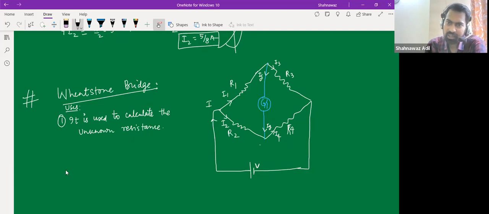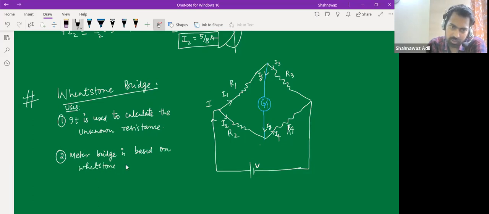And there are two devices which are based on this principle. The meter bridge is based on the Wheatstone bridge. And the third one, the potentiometer.